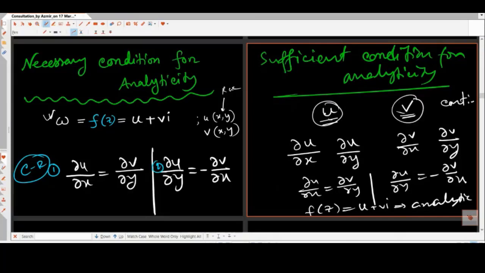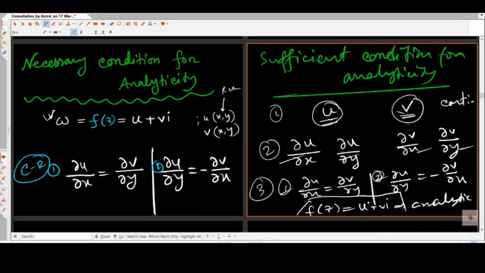If u and v are continuous, if u and v have the first order partial derivatives, and u and v satisfy the Cauchy-Riemann equations, equation 1, equation 2, then we can say that the function f of z equal to u plus vi is analytic in some domain D. So we have these two conditions. The first one is known as the necessary condition, and the second one is known as the sufficient condition for analyticity.